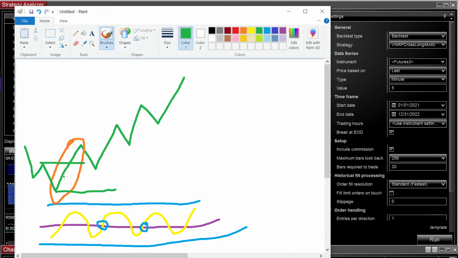So market makes a new high, RSI fell below the 50 line, price didn't break the previous low, we're still above it. And then we look for our trigger. And you can immediately see now that the trigger is very irrelevant. It doesn't really matter what the trigger is.